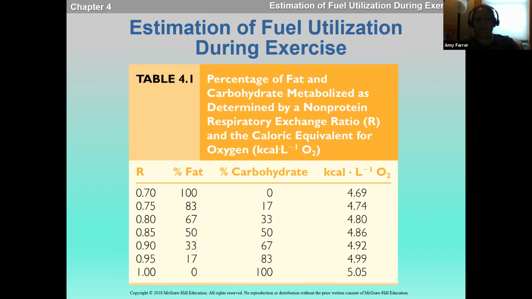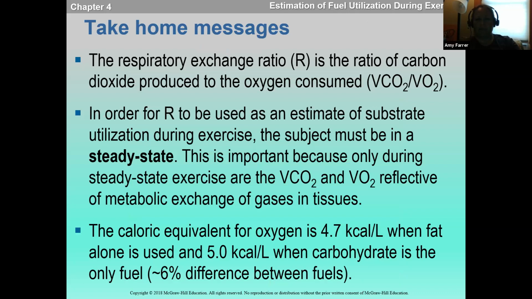If we start to look at this, we can get an idea of fat consumption versus carb consumption and where we are. If they're measuring that respiratory exchange ratio, we know what fuel we're getting into. It's basically the ratio of carbon dioxide produced to oxygen consumed.